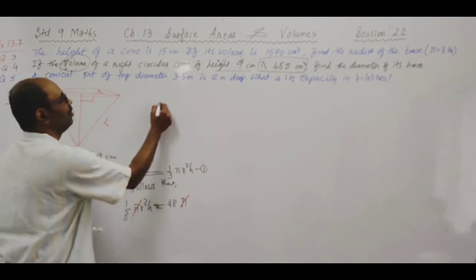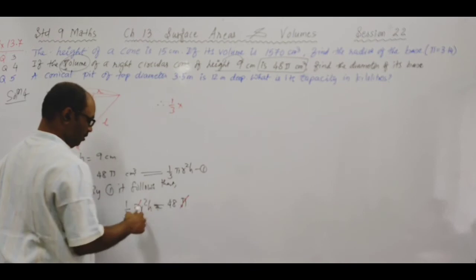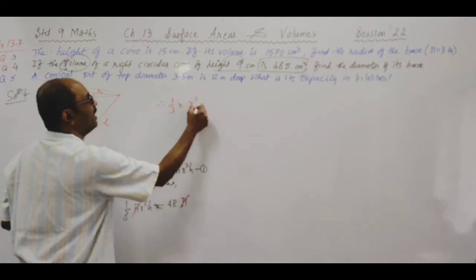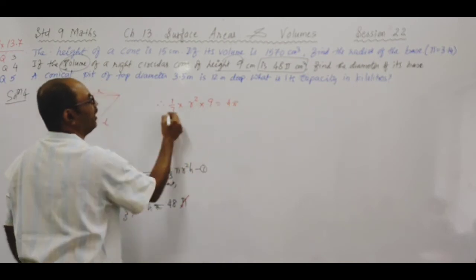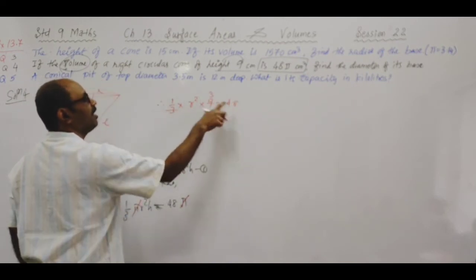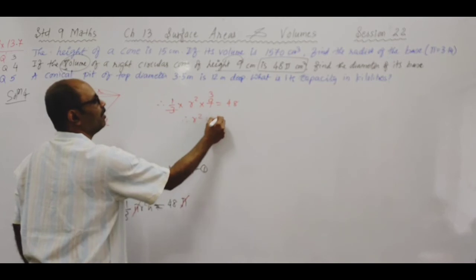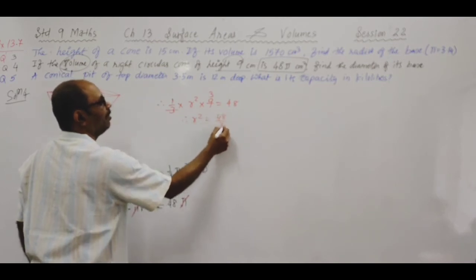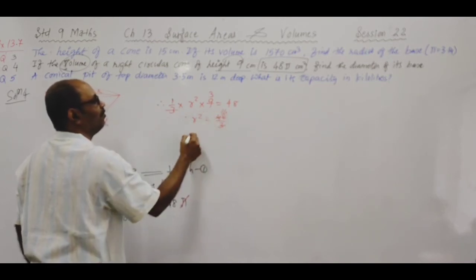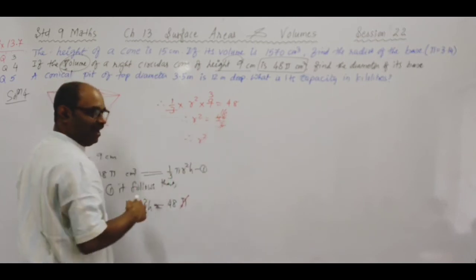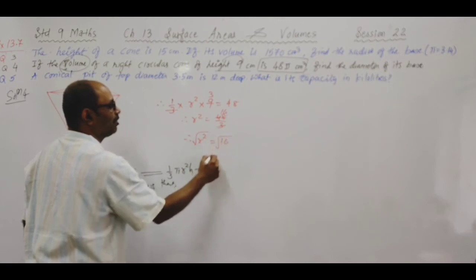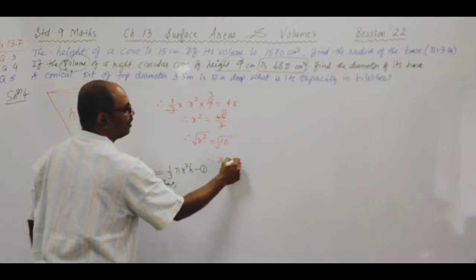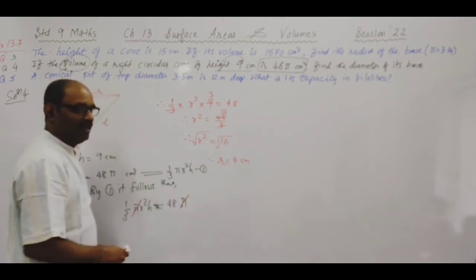Put the value of h: 1/3 r square into 9 is equal to 48. 3 ones are 3, so r square is 48 upon 3, which is 16, a beautiful number. Taking square root on both sides, r is 4 centimeter.